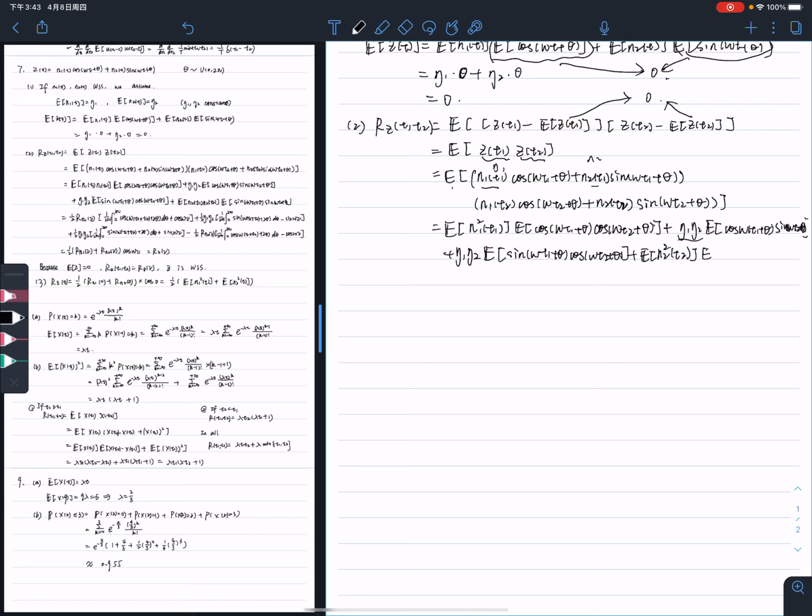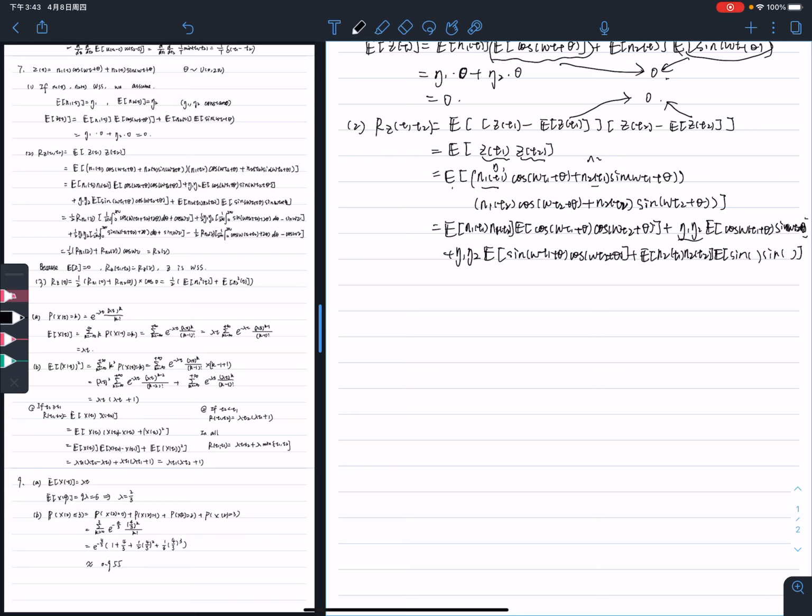The expectation of N1(t1) N1(t2) and the expectation of N2(t1) N2(t2), times the expectation of sine times sine.